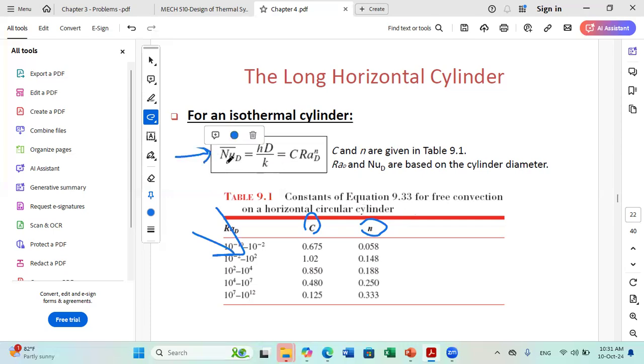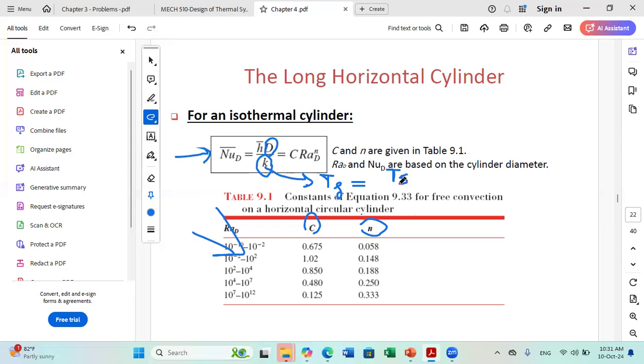Nusselt average, for a horizontal cylinder, the characteristic length is the diameter D. And the conductivity K is the conductivity of air at which temperature? They mention that we evaluate K at film temperature, T film, which is T surface plus T infinity over 2.